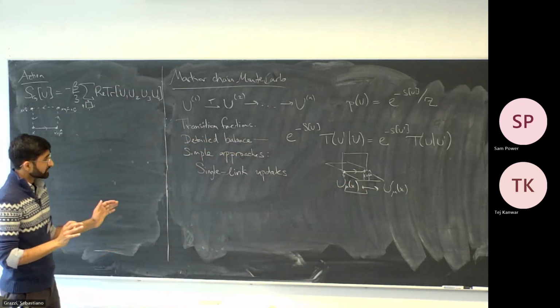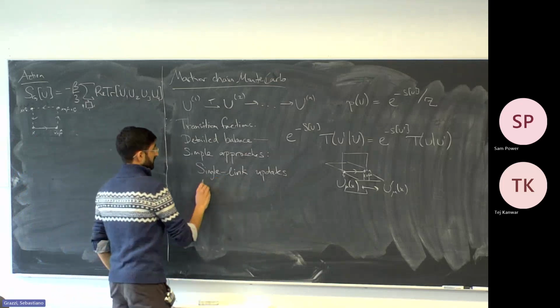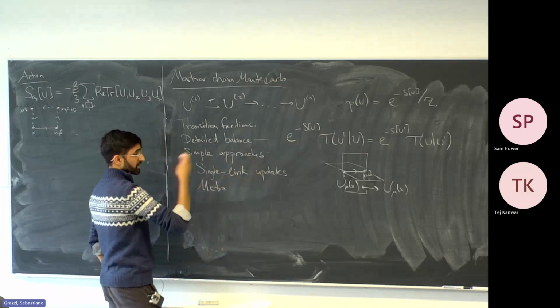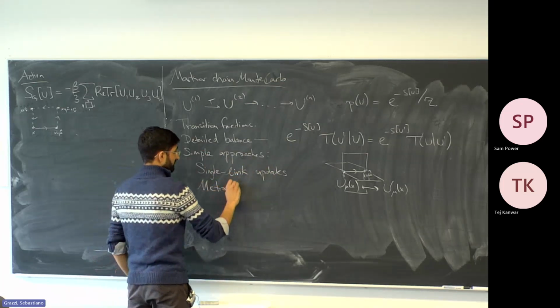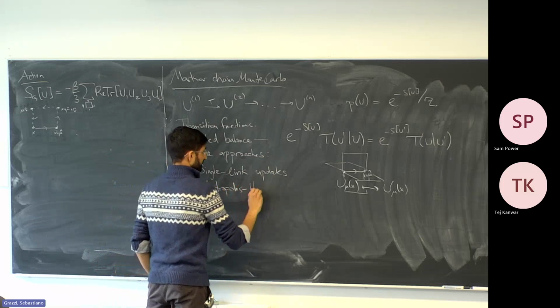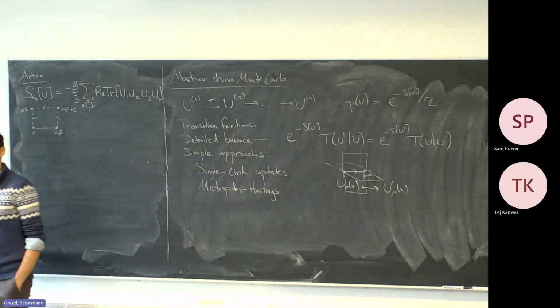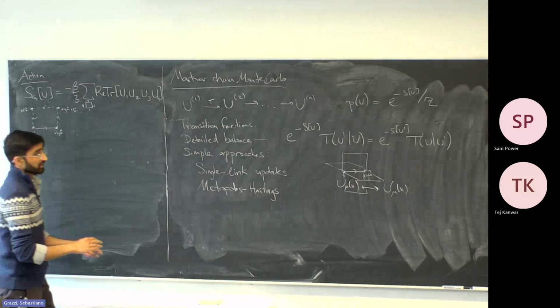A fairly straightforward approach is to apply some kind of symmetric proposal for an update to a new link, and then accept or reject that update using a Metropolis-Hastings accept-reject step. Let me be concrete about what I mean.